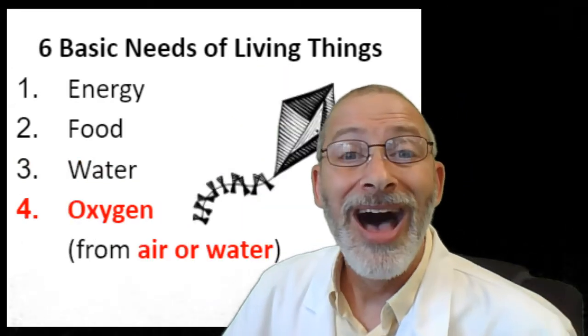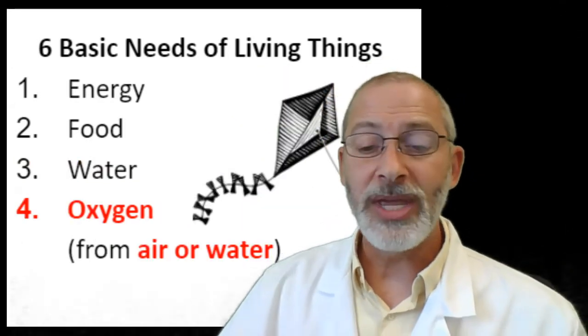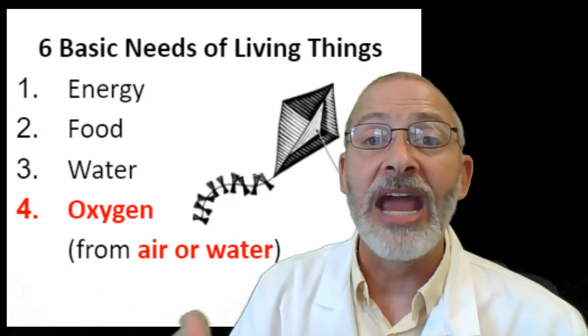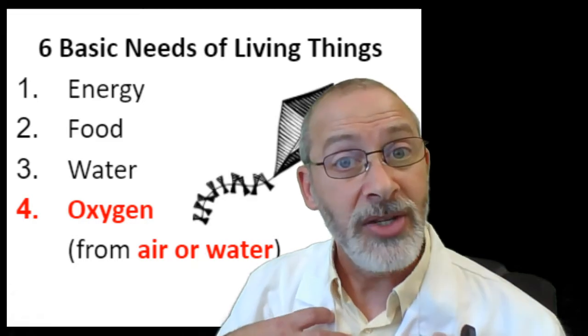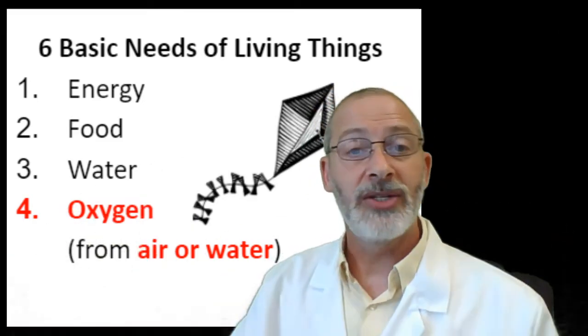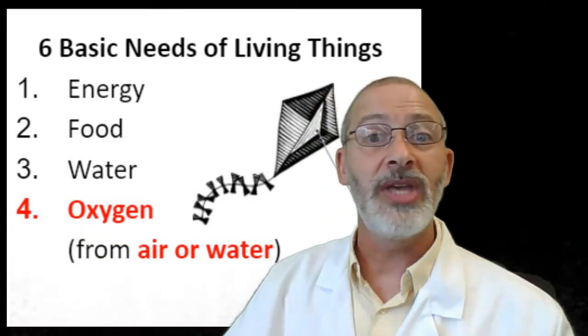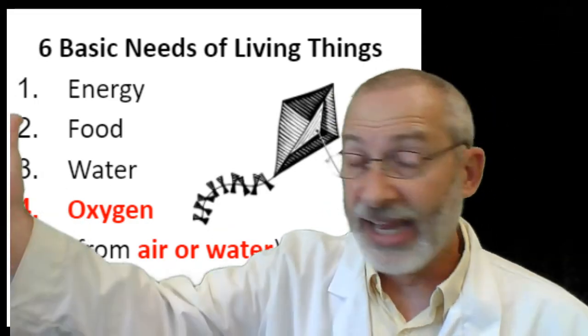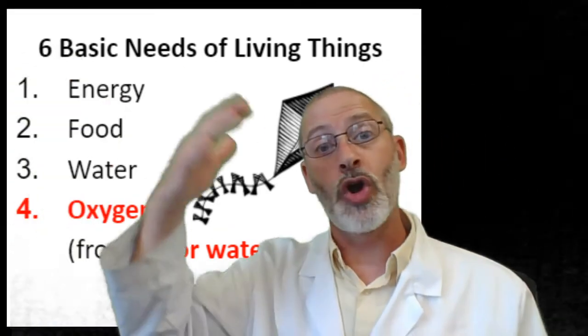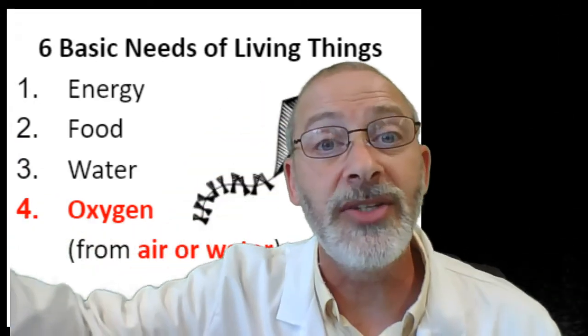Number four, oxygen. We get oxygen from the air that we breathe. We, as mammals, have lungs, and we take in the oxygen from the air, and our bodies use that oxygen and release carbon dioxide. Plants on planet Earth take in that carbon dioxide and release oxygen.